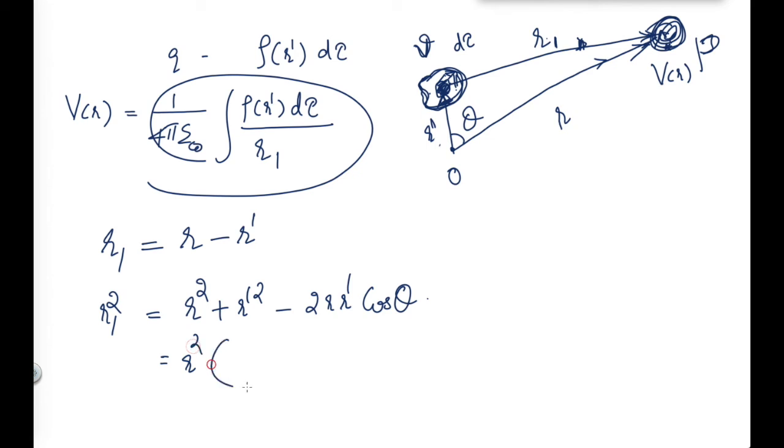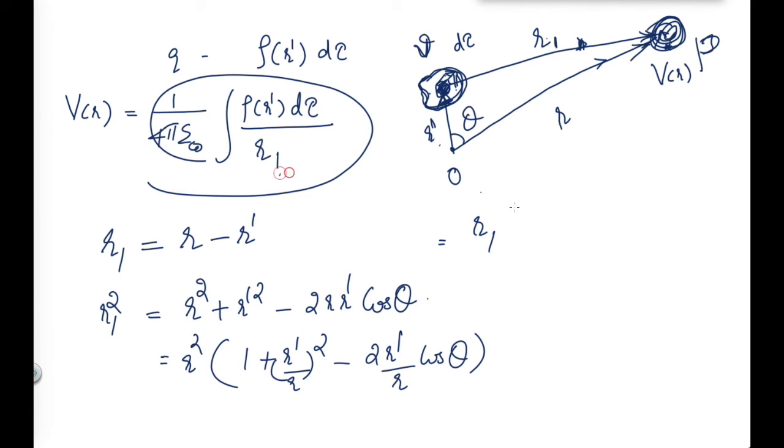Or you can take R squared outside and get R squared times 1 plus R dash by R whole squared minus 2R dash by R cos theta. So R1 equals R into 1 plus R dash by R whole squared minus 2R dash by R cos theta, whole raised to half.